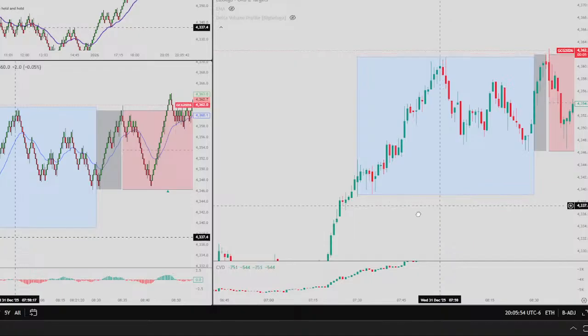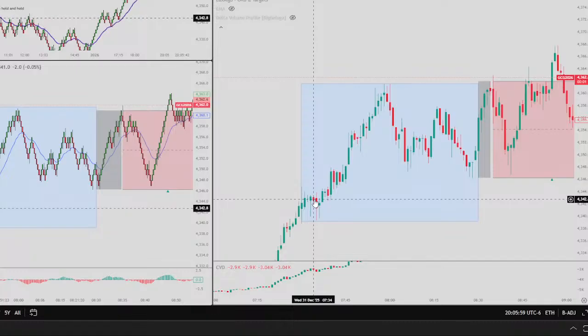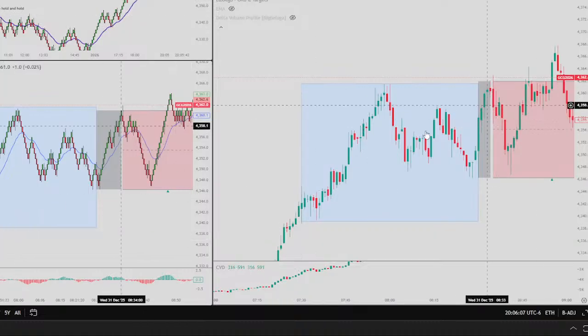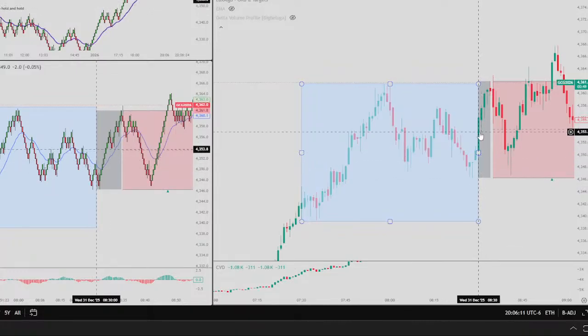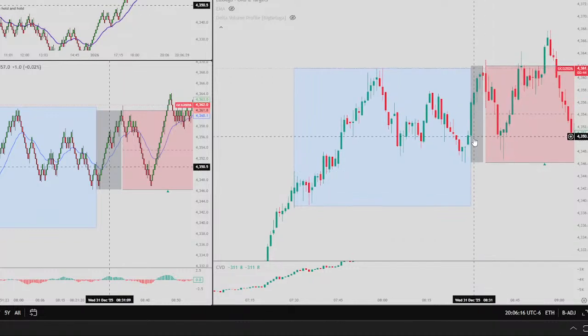Okay. Now, what I want to look for, all right, so now what you want to look for is you want to see where we open. So when the market opens at 8:30, what you want to look for is, because here's the thing.